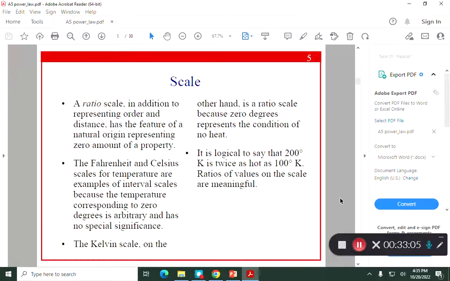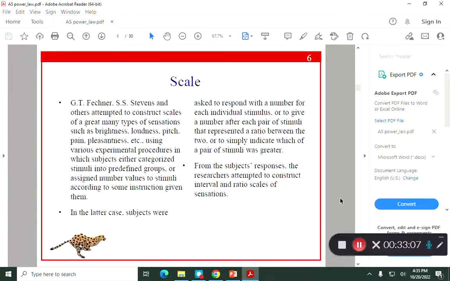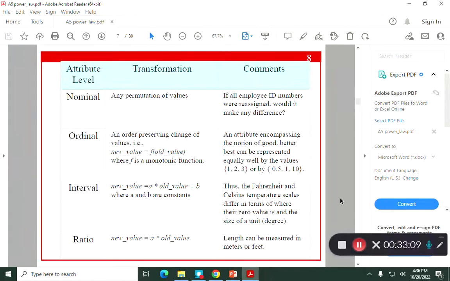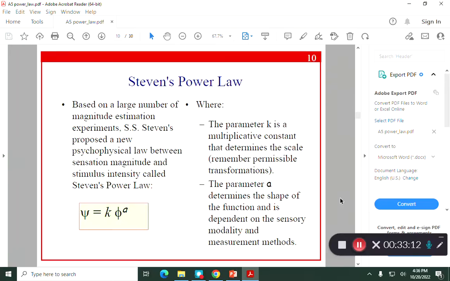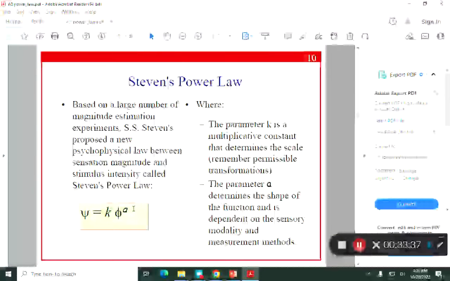And so they ran a lot of experiments trying to compare them, and the equation now, rather than using the log of Fechner's, he uses a power function. So psychophysics becomes a constant k times physics to the power of a, okay? And the a term is the shape of the function.